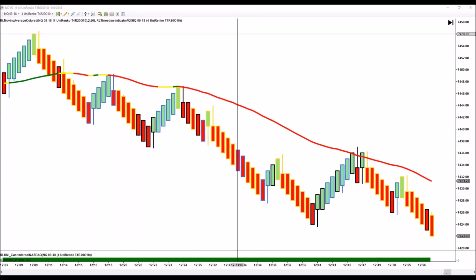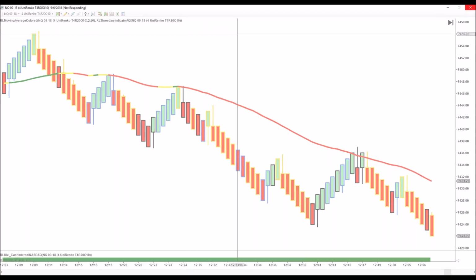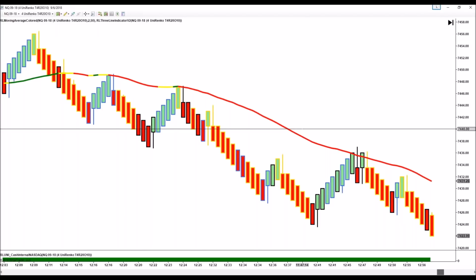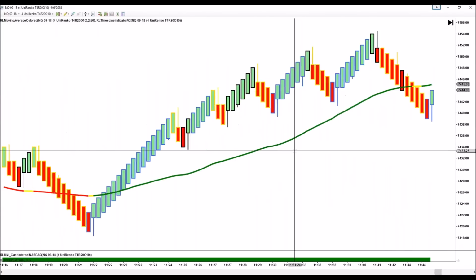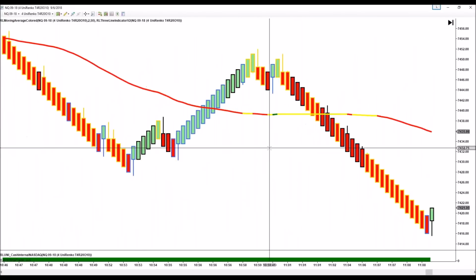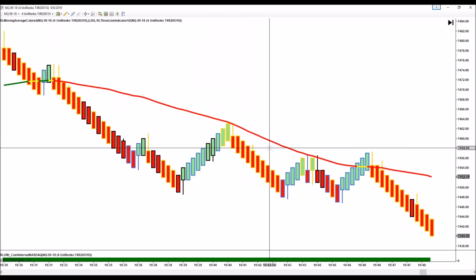Let me take a look. No. It's something with my NinjaTrader. Because I want to show you the E-mini and I want to show you the Dow. All right, it's unlocked, but for some reason it is not working.